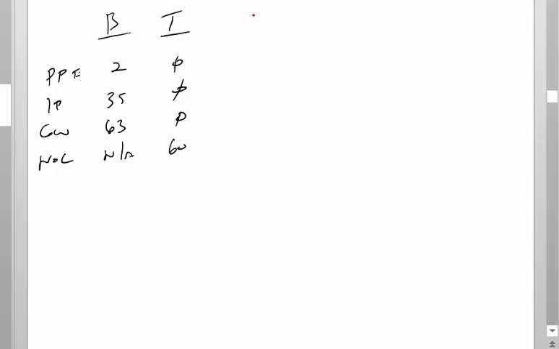Okay, so if we were trying to come up with our deferreds, we would say I have a taxable temp of 2 in the PPE, a taxable temp of 35 in the IP. Goodwill is going to be NA, because book is more than tax, and I don't want it to be circular.